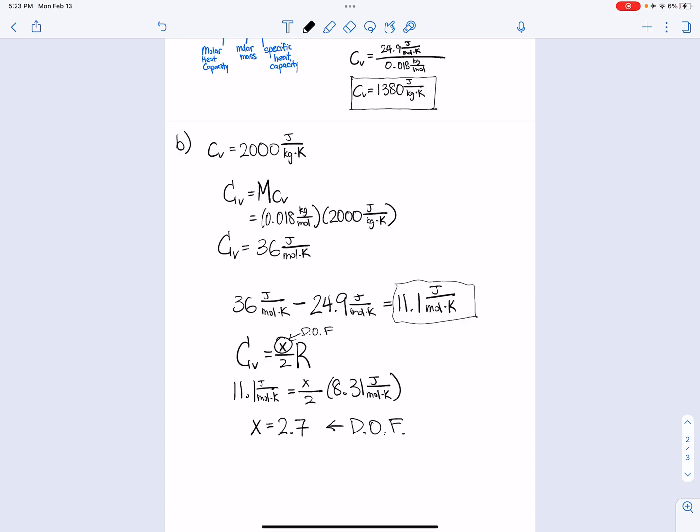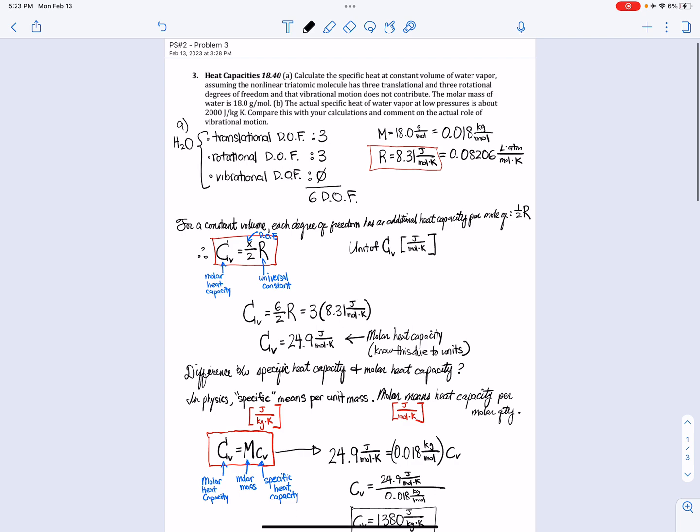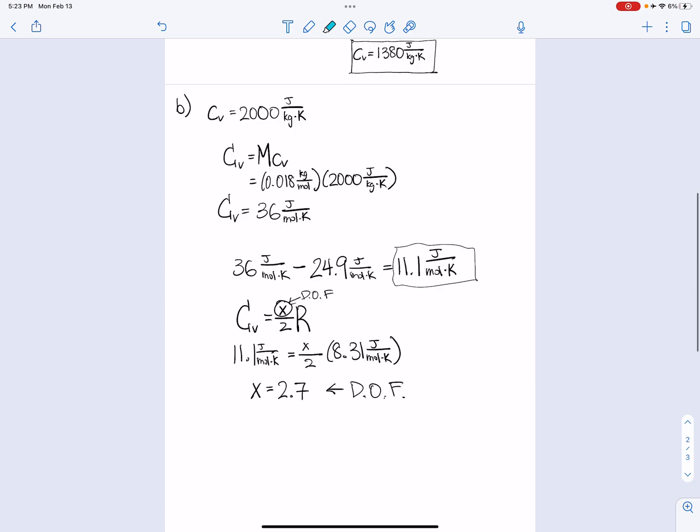So this is a difference in degrees of freedom between the actual specific heat of water vapor and when we assume that vibrational motion does not contribute. That's a significant amount.